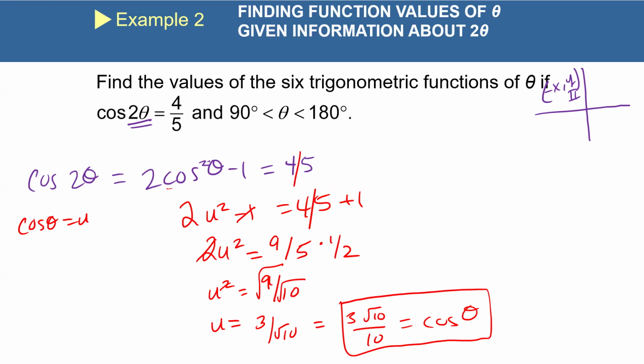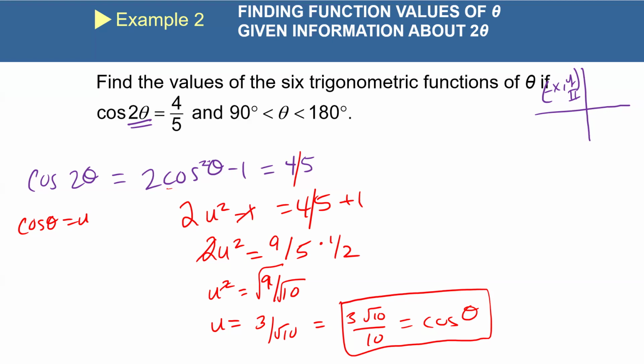All right, so we used our cosine double angle rule, right? So we have our rule. We know that the double angle equals 4 over 5. So we set it equal to 4/5. We use u substitution to replace cosine theta with u. So where cosine theta was, we put in a u, and now this just becomes an algebra problem.